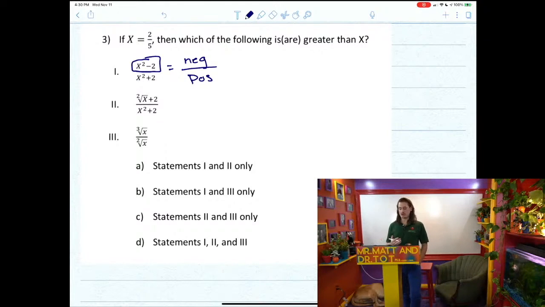But a negative divided by a positive is always going to be negative, so statement 1 cannot be true.